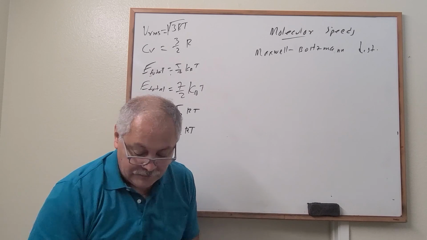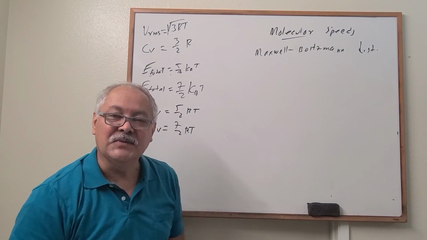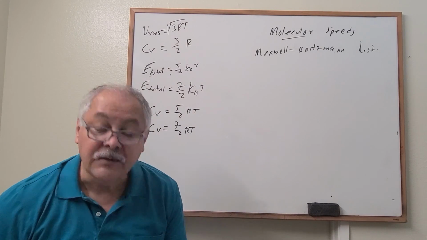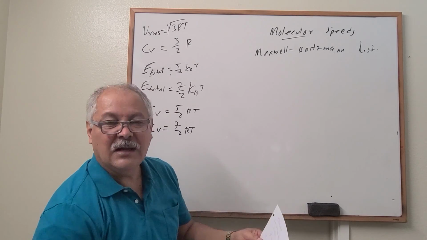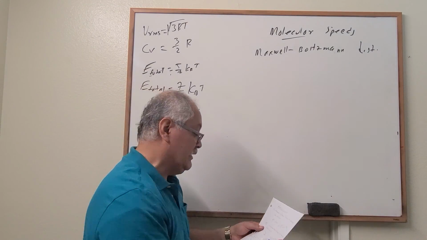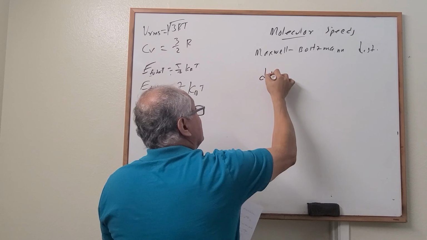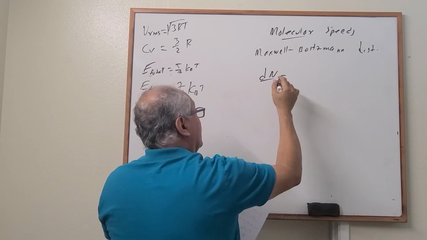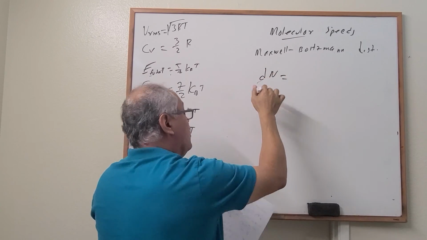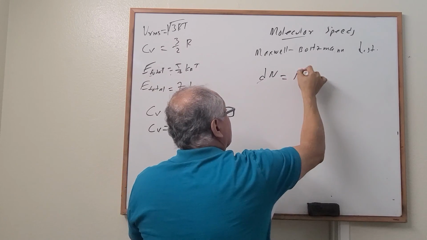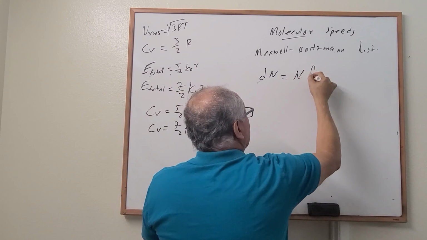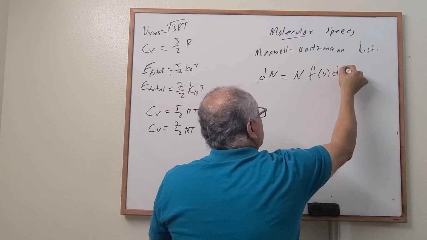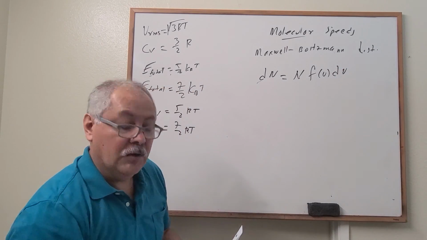This is from statistics. These are the formulas. It's a kind of complicated formula, but let's try to do it. So we have that this change in number of particles, molecules, is equal to the number of molecules as a function of velocity in that interval of velocities.